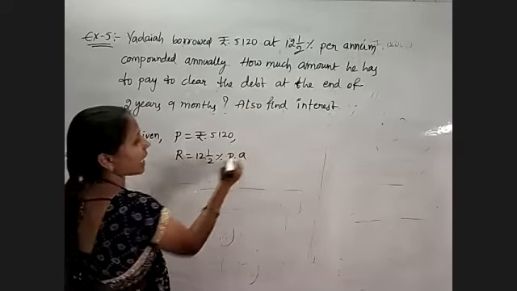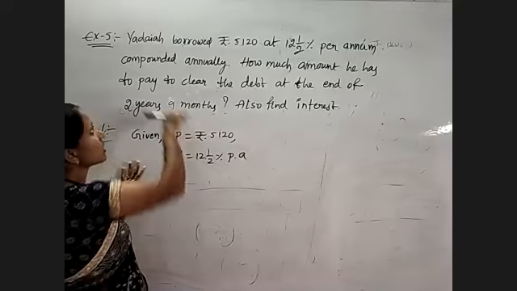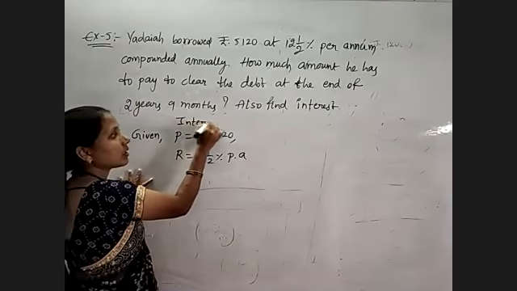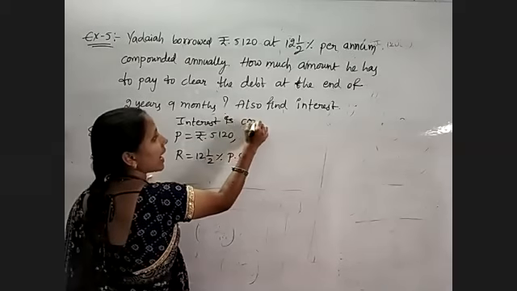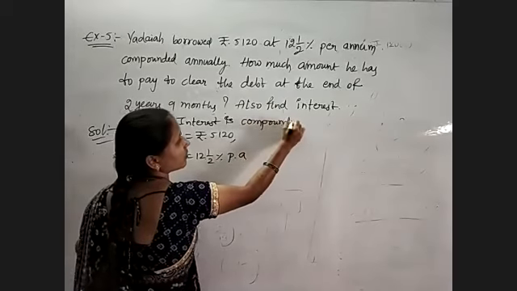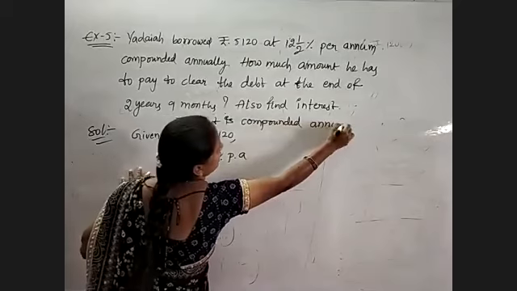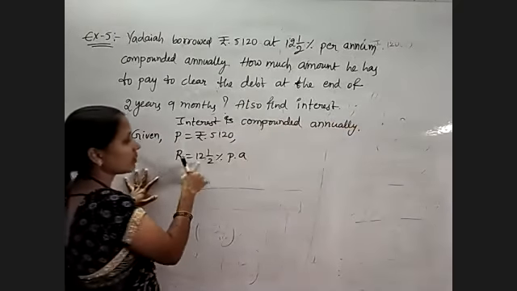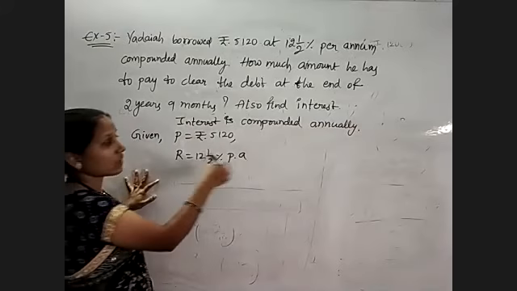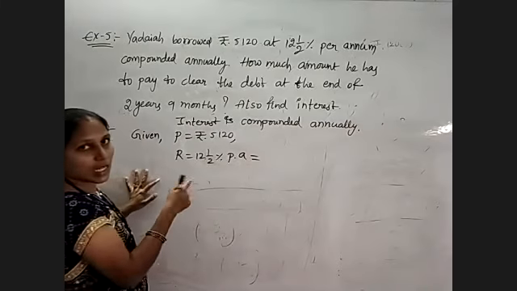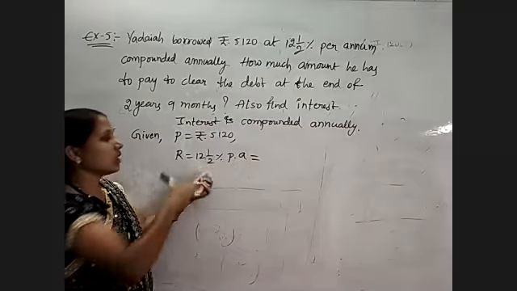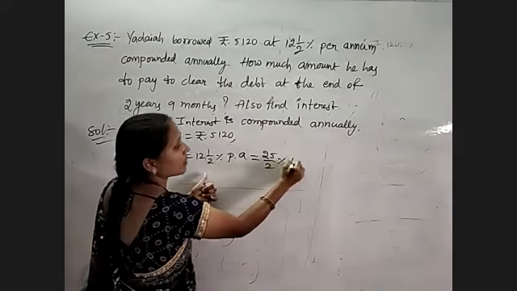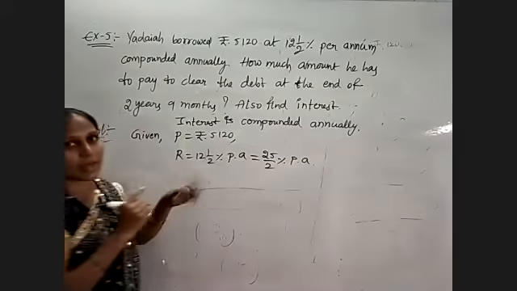Here the R and T values will not change because the amount is compounded annually, so there is no change in R as well as N. But here R is given as a mixed fraction, so convert it into an improper fraction. Calculation is compulsory, we can't take the mixed fraction directly. 12 2s are 24, 24 plus 1, 25/2% per annum. So R is equal to 25/2.